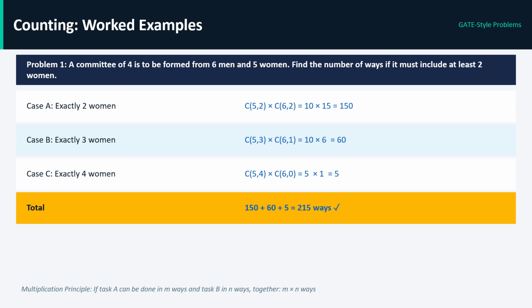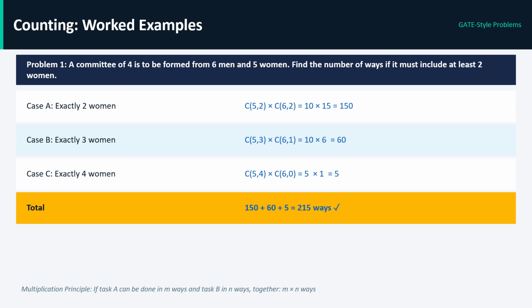There is no other case because the maximum allowed members in the committee are 4. So there are three cases in which we can form a four-member committee, out of which at least two members are women. Let us see the first case where exactly two women are there.